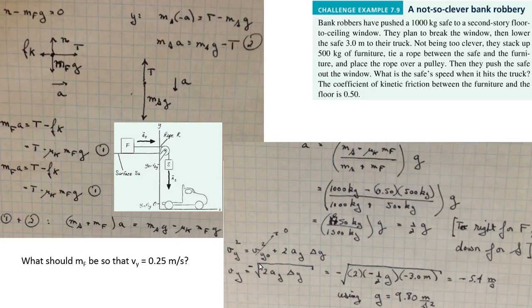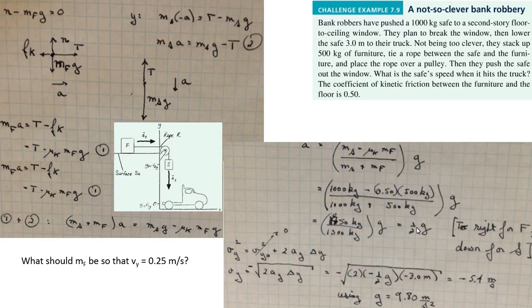So now we can use kinematic equation number 3 to figure out, if it's dropped a known delta y with a known a sub y, the safe that is, what the final velocity is. And so with the initial velocity for the safe being 0, we can solve for Vy, take the minus sign because it is going to be a minus velocity downward, and so it's minus 2 times minus 1/2 g.